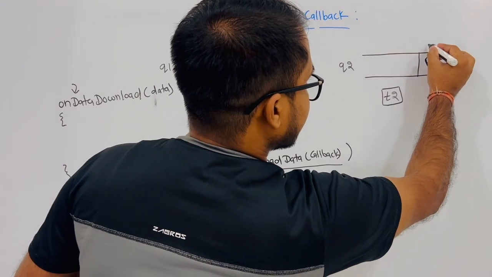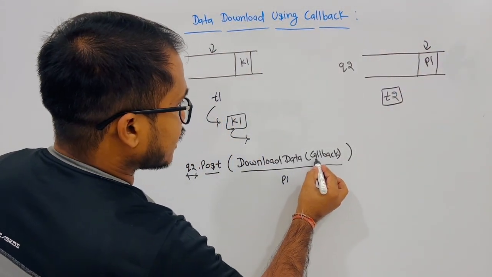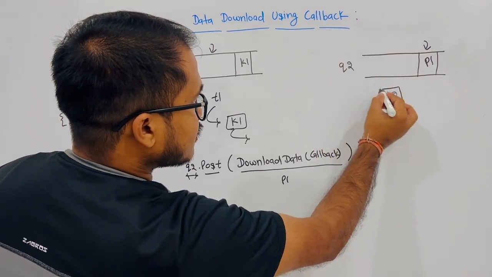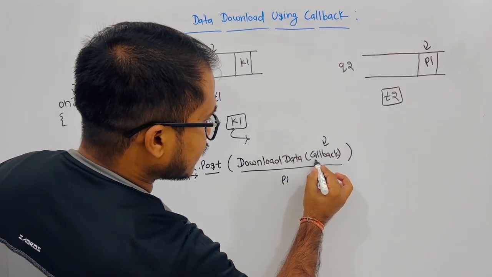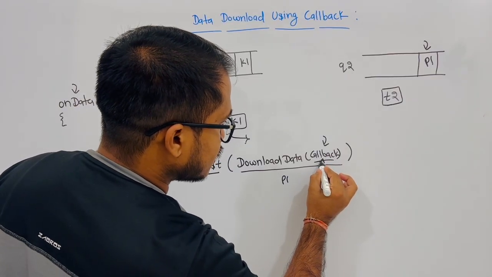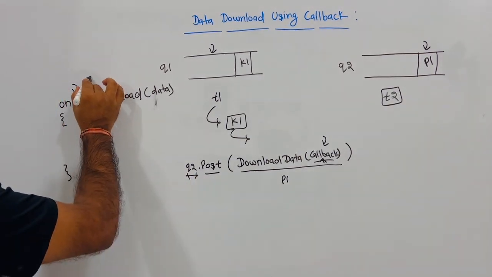So this particular task will be here, and when this will post the task, at that time it will tell thread T2 that whenever you are ready with the data, at that time call this particular function, which I am calling as a callback function, and in this case this will be my function.